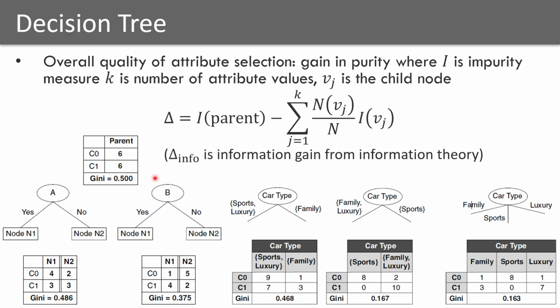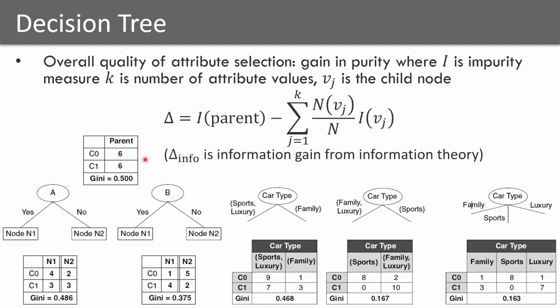So if we are performing this type of calculation, we can see what happens in the case of this choice, which attribute we are taking, whether the attribute A or the attribute B in abstract terms.